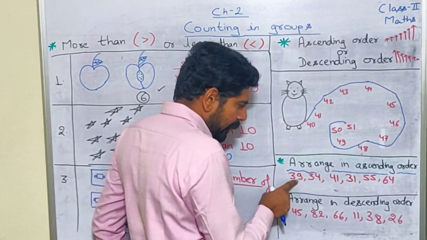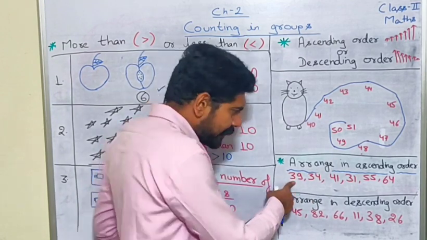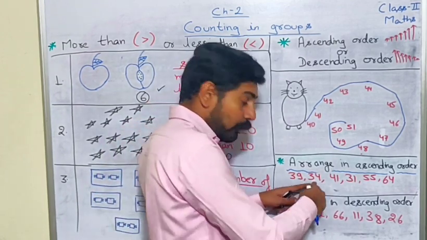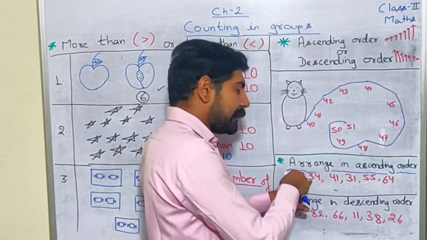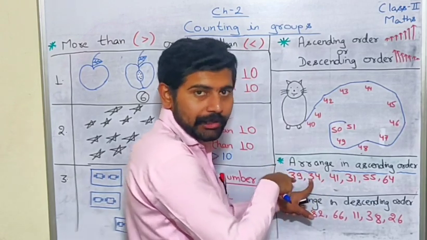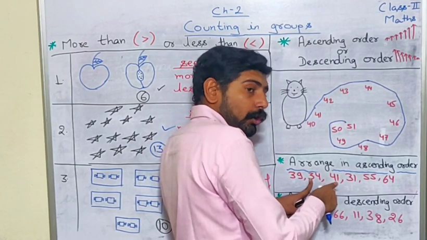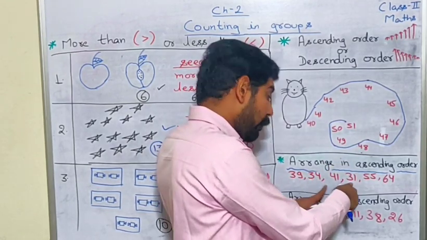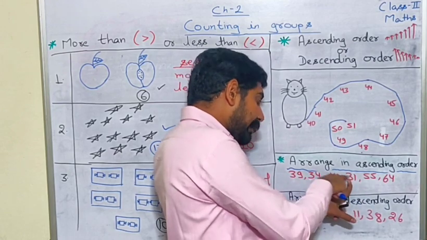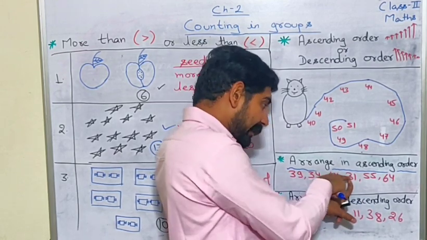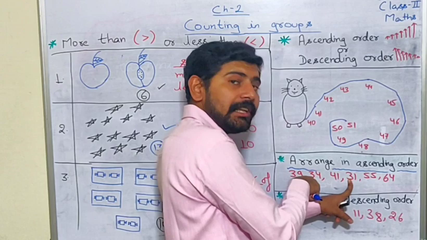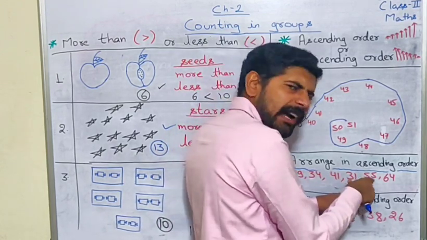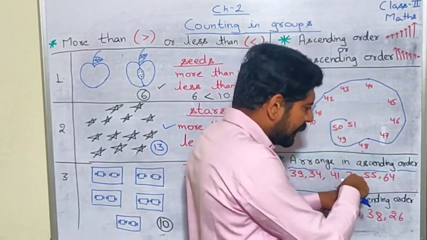Okay, let's see. Is 39 the smallest? Let's check. 34, no, 34 is smaller than 39. That means 39 is not the smallest. Okay, 41, no, 41 is bigger than 34. 31, we have got 31 which is less than 34. 55, is 55 less than 31?